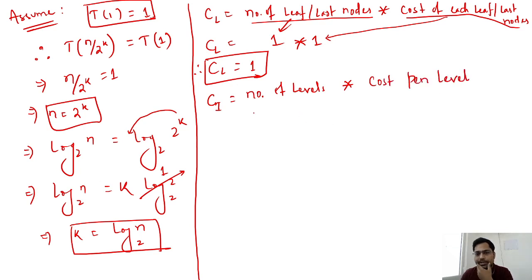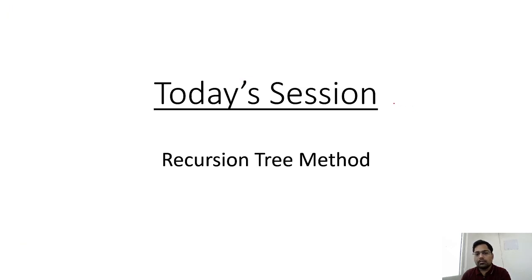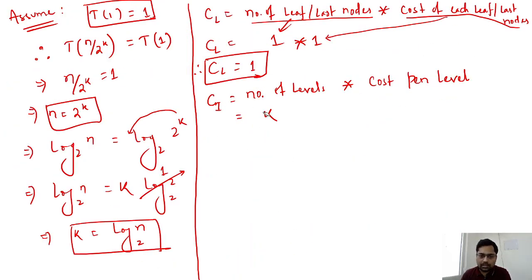This is what you have to find. Number of levels is k. Cost for each level, or else you can go for a better condition by just adding this, because it is the sum of all intermediate nodes. If you take the sum of all intermediate nodes as per this, we can solve it better.